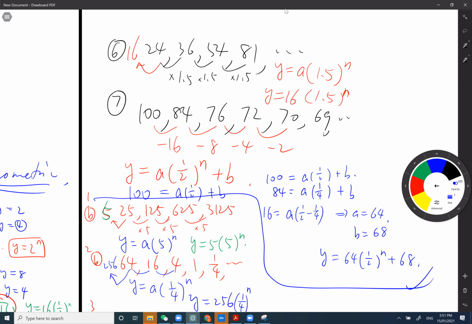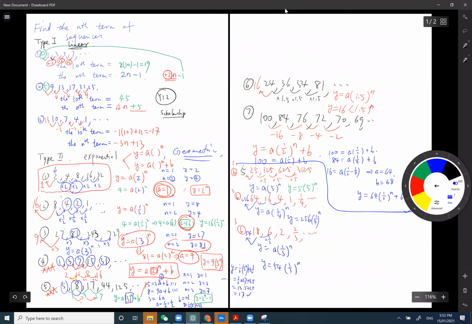After we check some values, correct. So number 6, you just have a ratio. Number 7, after you find the difference, there is a ratio. That's the difference. Okay, next one.